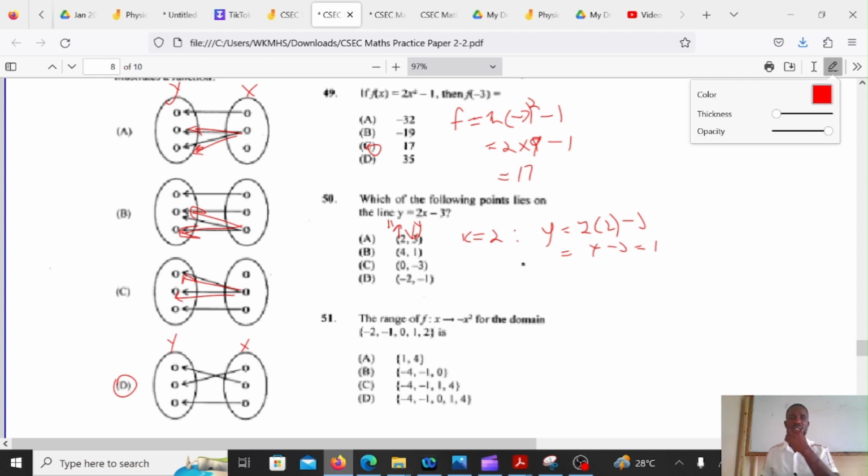We continue with trial and error, and when we get to this one, y is equal to 2 times 0 minus 3, which is negative 3. So this is the one that works. Our answer here is C.